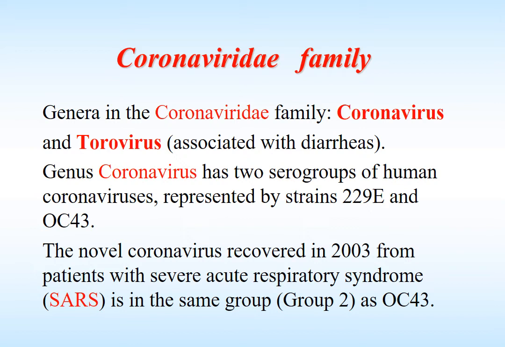And the last piece of the lecture for today is the Coronaviridae family. You can see the genera in the Coronaviridae family: coronavirus and torovirus. Torovirus is associated with diarrhea, and today we are speaking only about genus Coronavirus. Genus Coronavirus has two serogroups of human coronaviruses, represented by strains 229E and OC43.